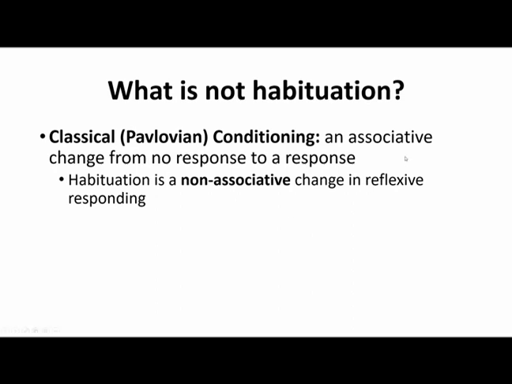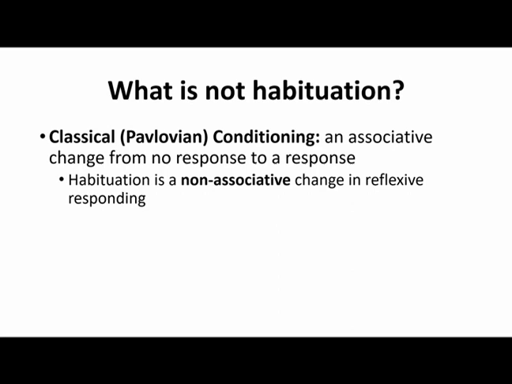So by making associations between two different stimuli, we have our originally neutral stimulus that we would pair with an unconditioned stimulus.